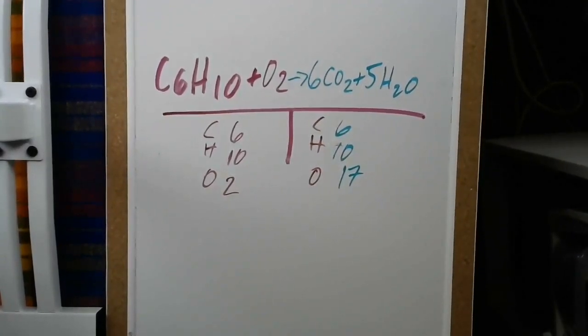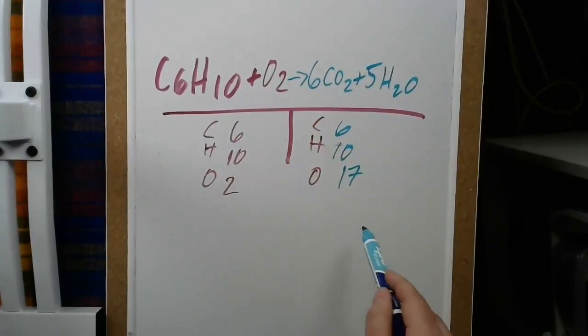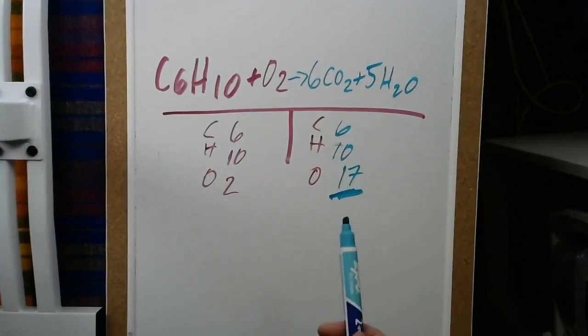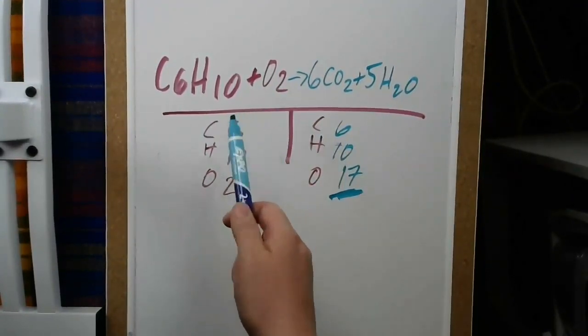And now everything is the same except my oxygen, okay? And I can't change this O2 molecule to something that's going to match the oxygen on my right-hand side because this is an odd number and this is an even number, right?